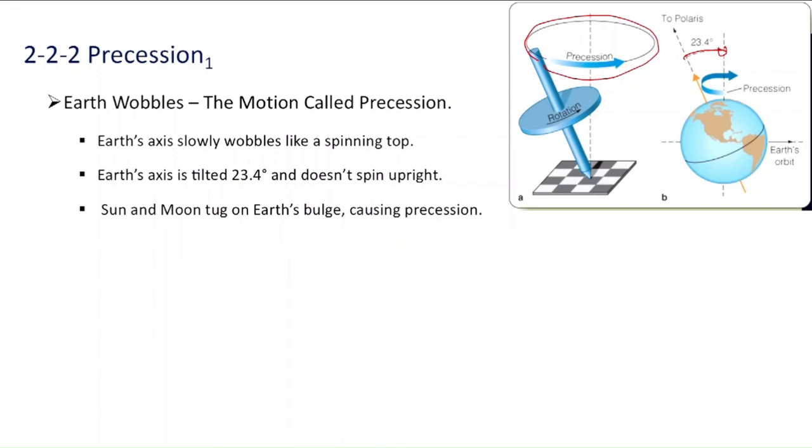So because Earth bulges slightly at the equator, gravity from the sun and moon tugs on it, trying to twist the axis upright. That's what makes precession happen. So this is not something we notice overnight. One full precession cycle takes 26,000 years. But over centuries, it really changes what we see in the sky.